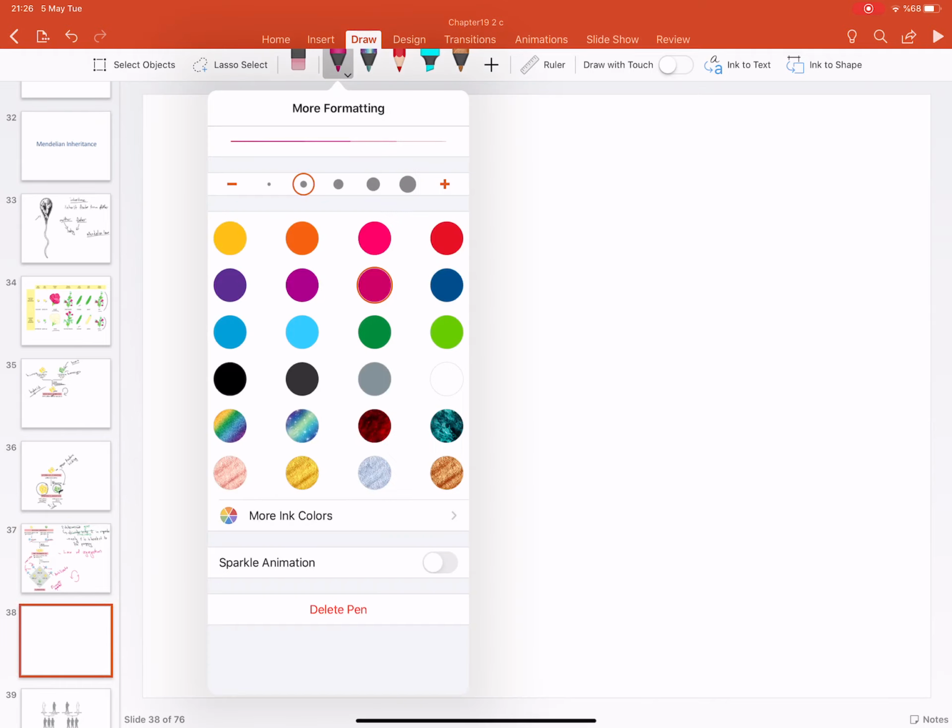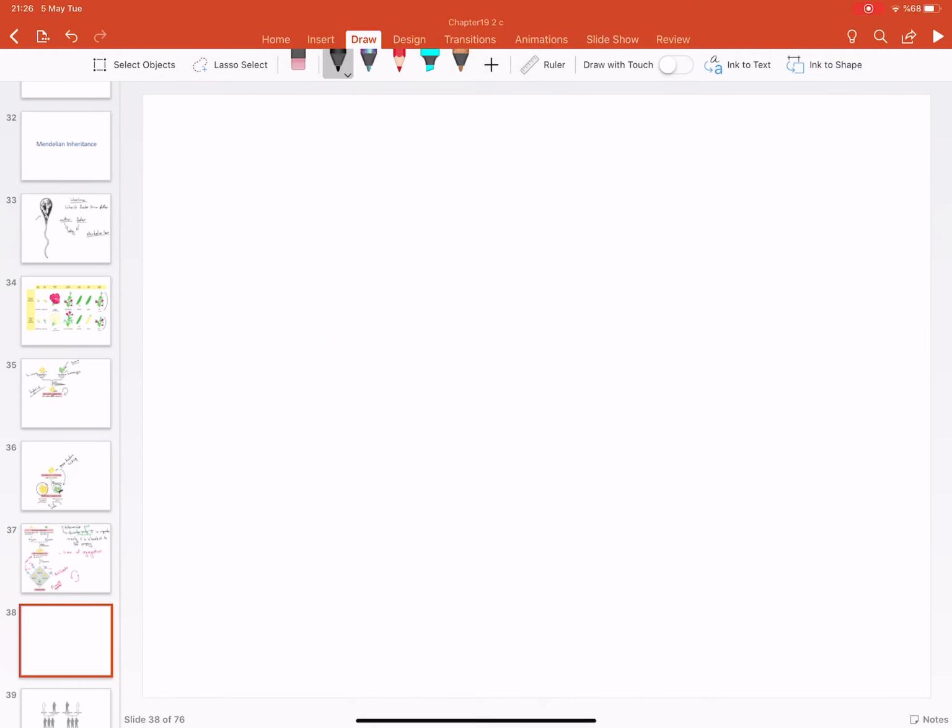Let's write the genotypes. There were the yellow seeds and the green seeds. And because they are diploid organisms, they have two copies. If this was a triploid or tetraploid organism, you could expect 3 or 4 different alleles, or maybe the same allele 4 times. But all in all, there would be 4 homologs.